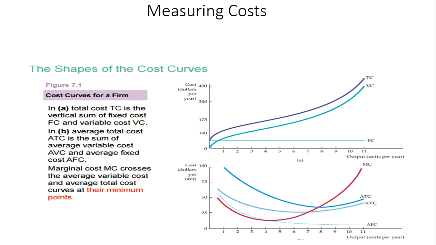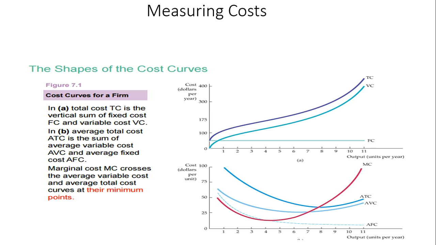Therefore, the total cost will be equal to that particular value for the fixed cost, even if output is 0. So that is the reason why the total cost curve starts at that particular point where Q is equal to 0 there. Why? Because this one is coming from the fixed cost.